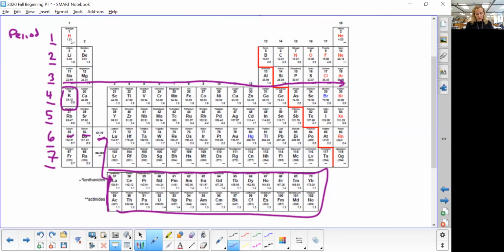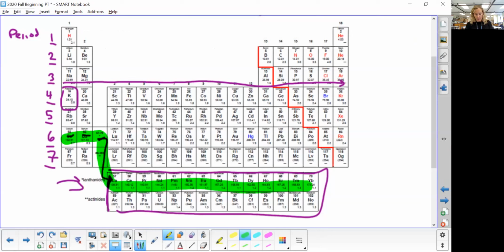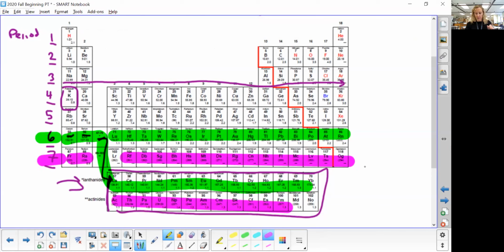But this period, it goes from here and then down here, and then it comes back. So all those elements are in period 6, and all of these elements are in period 7. So there's only 7 periods, energy levels where electrons can go.